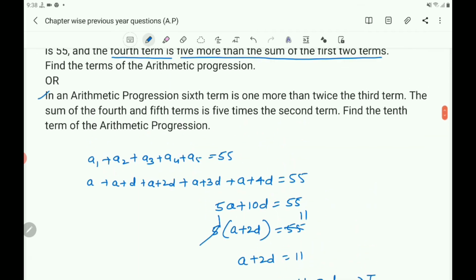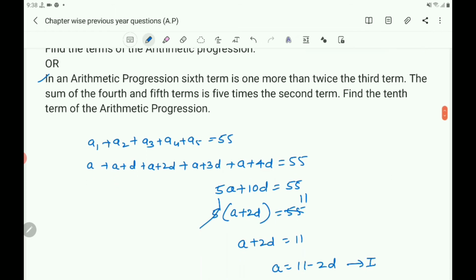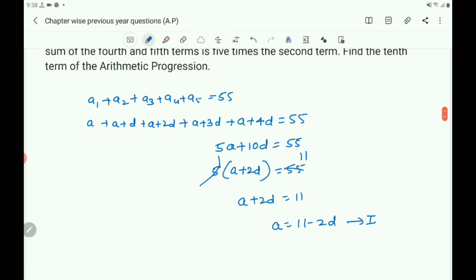Now you take the next relation. It is given that the fourth term is 5 more than the sum of the first two terms. So A4 equals A1 plus A2 plus 5.